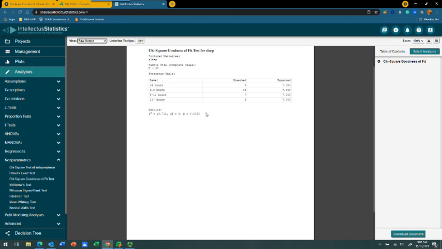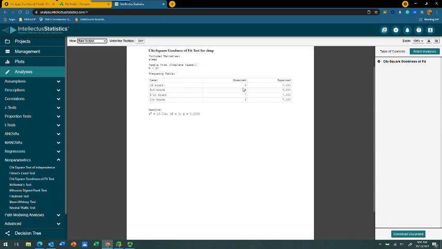If we were testing the null hypothesis that there would be no effect on the category frequencies at p less than 0.05, we can see here that this value is less than 0.05. So we would be able to reject the null hypothesis and say that there is a significant difference in how people are categorizing themselves and choosing these particular categories.